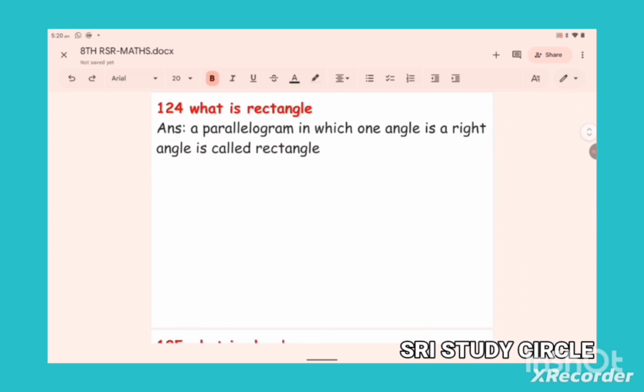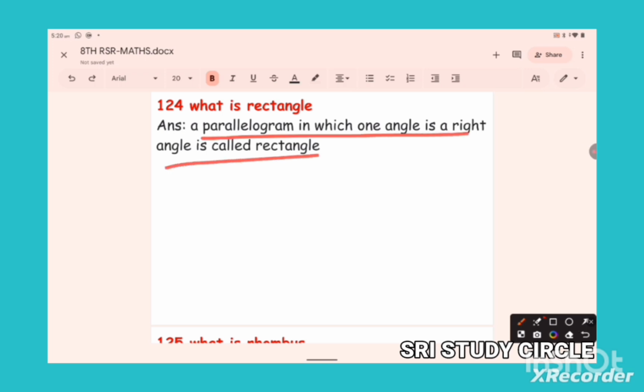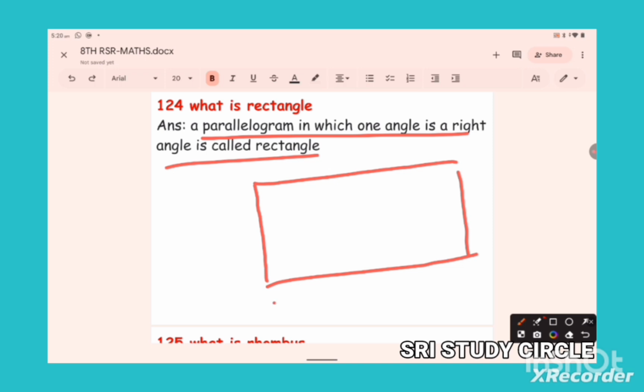Now next one, rectangle. A parallelogram in which one angle is a right angle is called a rectangle. This is a rectangle. In this rectangle, each angle is 90 degrees. Opposite sides are parallel.